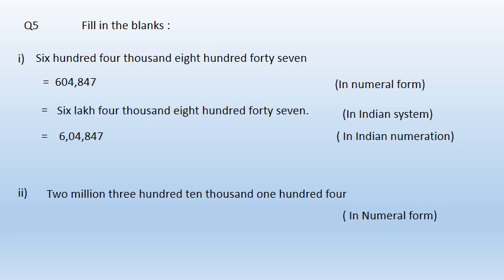The next period is 1000 which is given 310. And 104 is the ones period. So how are we going to write it? 2,310,104. Now as this is given in the international system, we are going to write this in the Indian system.